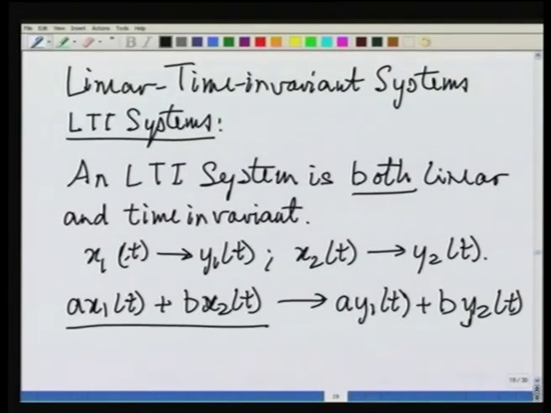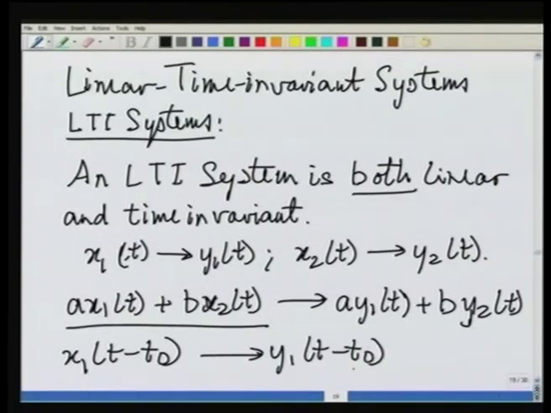Time invariance says that if you apply x of t minus t naught to the system, then the output should be y of t minus t naught for all t naught, positive or negative.